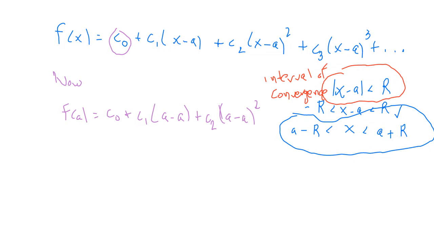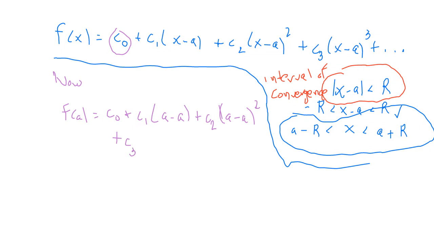Okay, let me draw a little separator here. Continuing, plus c3 times a minus a cubed, and then so forth.